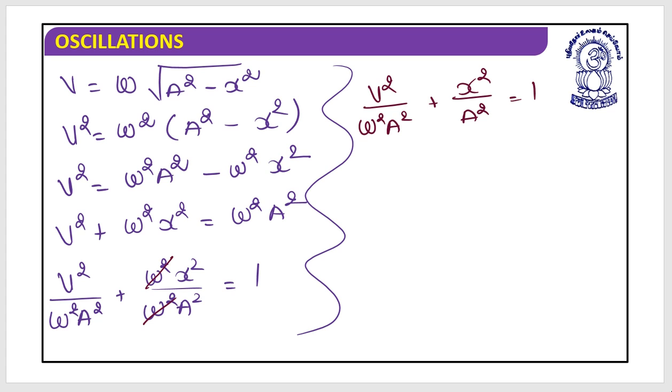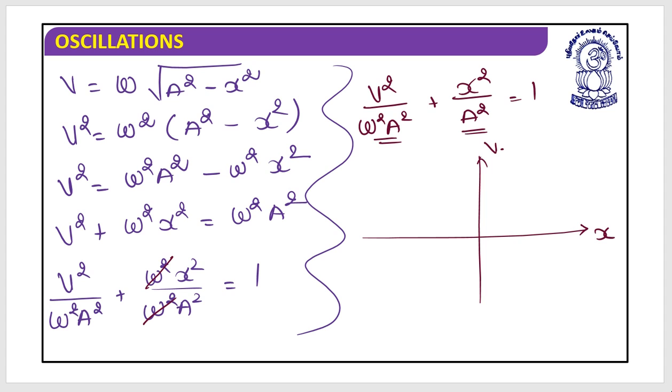If you go through this very carefully, you might get an idea. If I want to plot this relation, with velocity on this axis and x on this axis, then this relation would be of which trajectory?